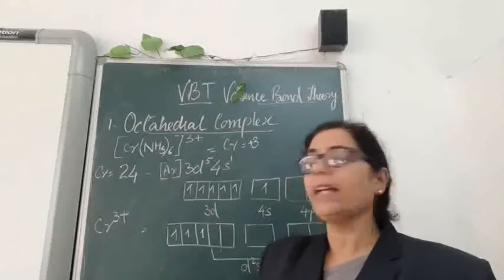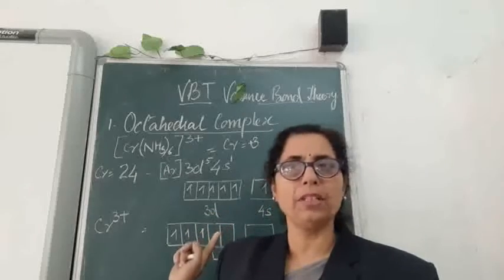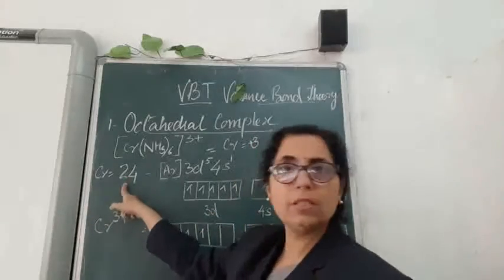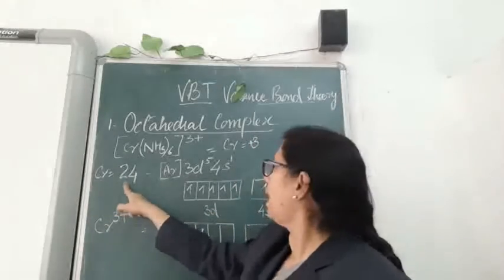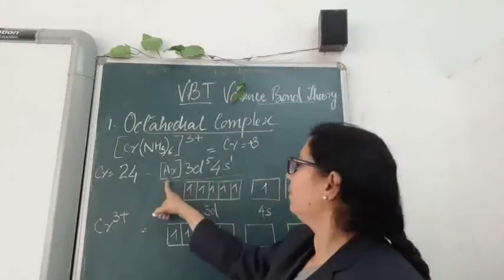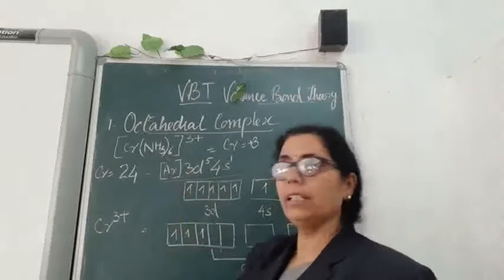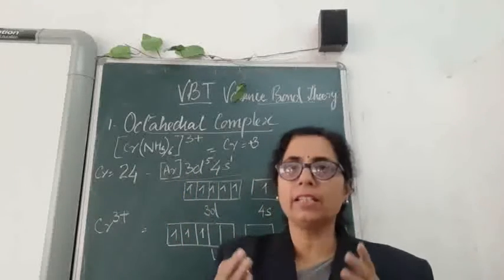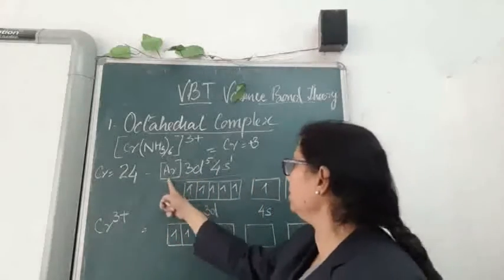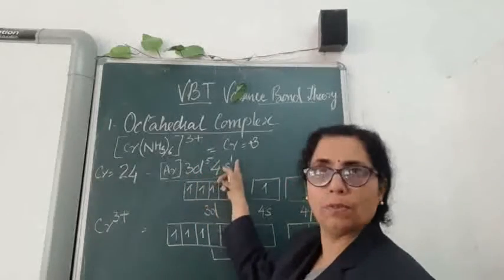Next step, first write down the electronic configuration of chromium. Chromium has atomic number 24, and its electronic configuration is the inner noble gas core, argon, and then the remaining electrons 3d5 and 4s1.